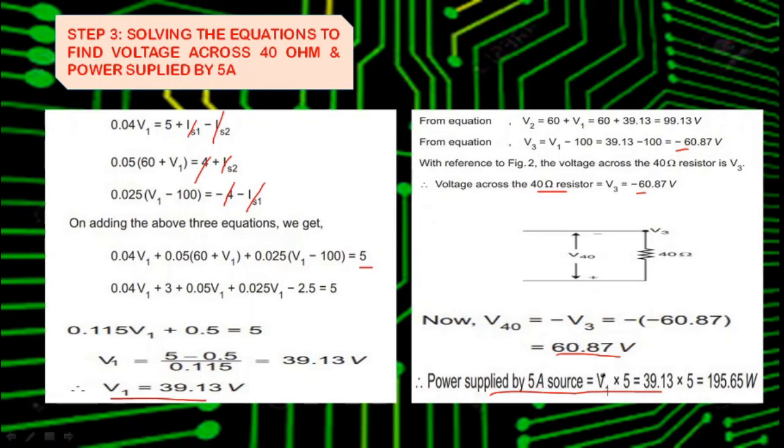So we are going to use the V1 value here. V1 into 5, we get 195.65 watts. So with this, we have solved this problem using supernode analysis.